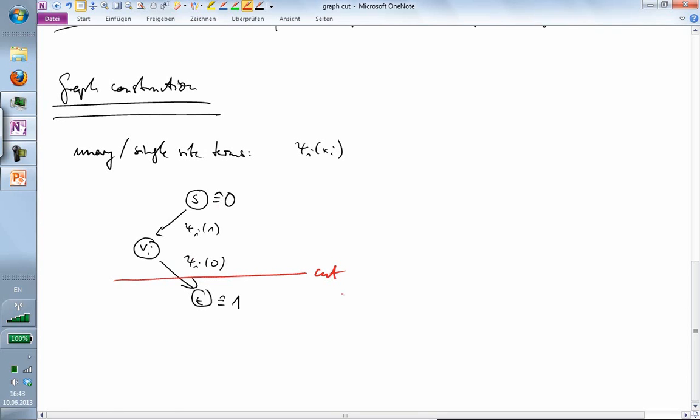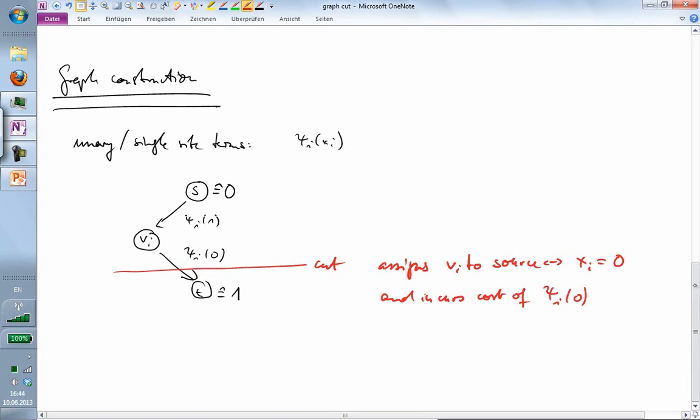So what this cut does is it assigns vi to the source, which in our convention here means that xi equals 0, and it incurs a cost of the capacity of this edge, and the capacity of this edge here was psi i of 0. That is assuming that these psi's are non-negative numbers.